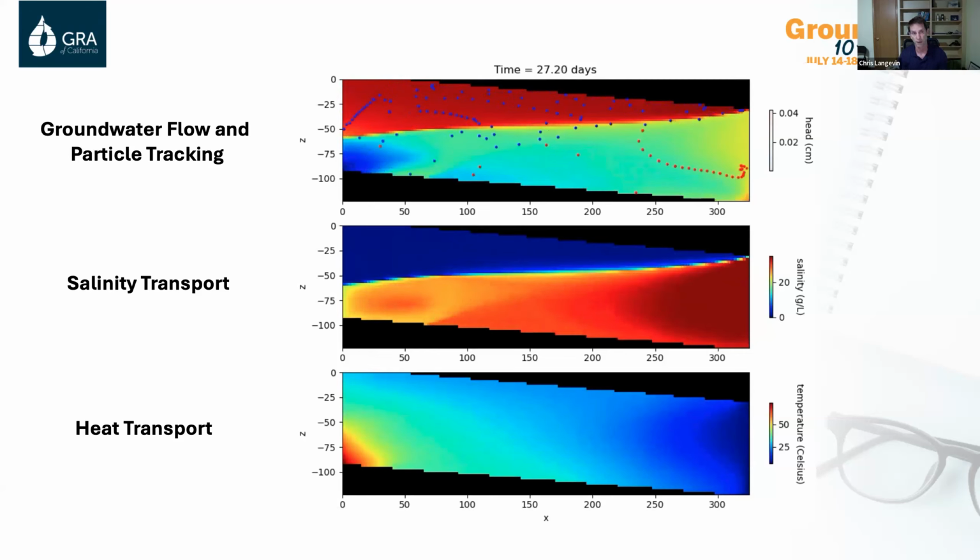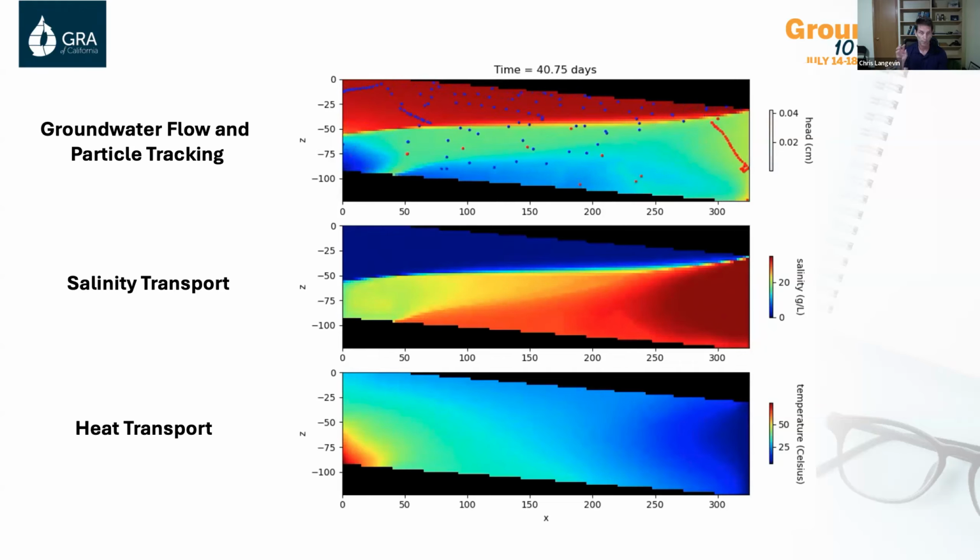Now, one of the unique things about MODFLOW 6 is we can have multiple models, a flow model, a salinity transport model, and a heat transport model, all running simultaneously in the same simulation, and there's feedback between them. The particle tracking capability is something relatively new to MODFLOW 6, and it's also another model that you can activate in a MODFLOW 6 simulation.